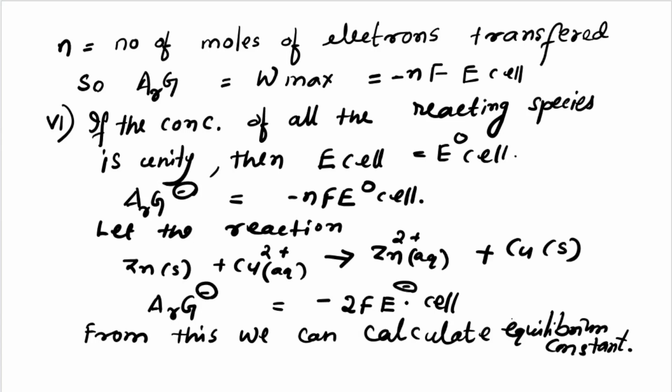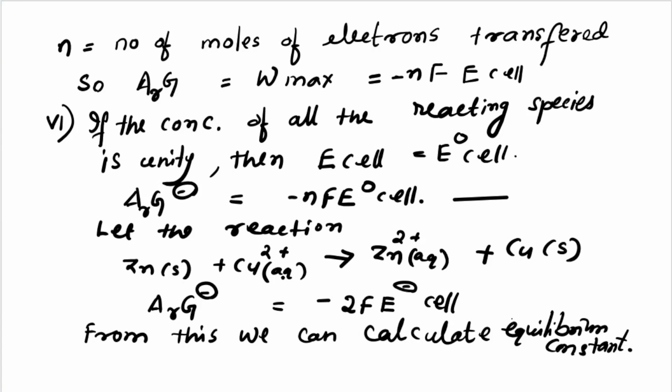Then ΔrG0 means the standard value of Gibbs energy, and here ΔrG0 is equal to -nFE0 cell, because when the concentration is unity, E cell becomes E0 cell, so the formula becomes like this.